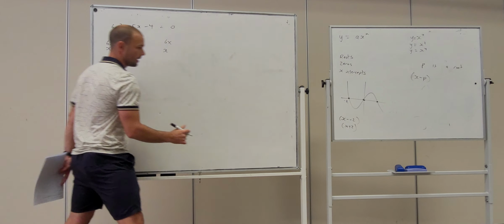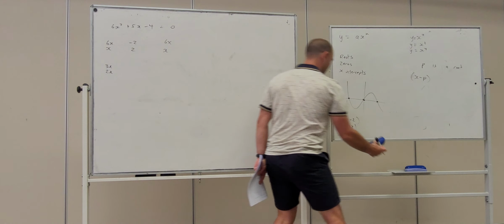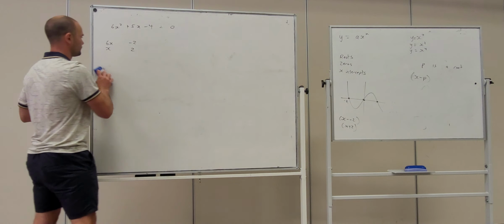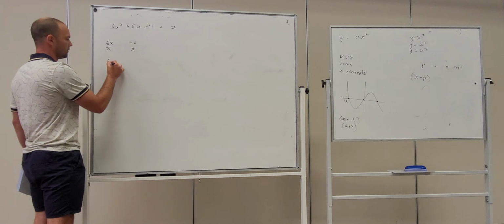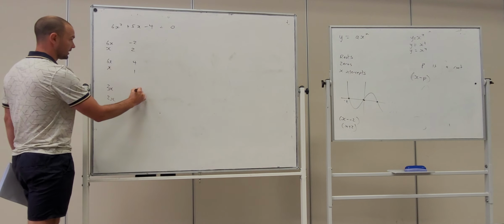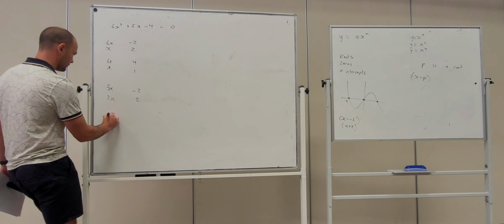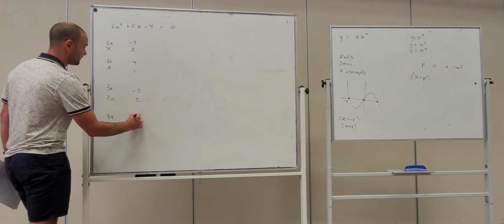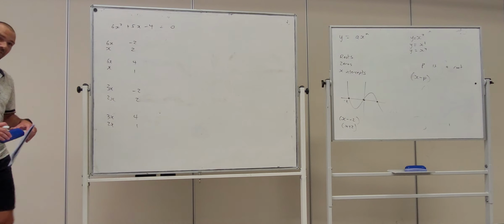I might write them all in a row actually. We could have 3x and 2x, and we could have minus 2 and 2, 3x and 2x, and we could have 4 and 1. And the order of these does matter.